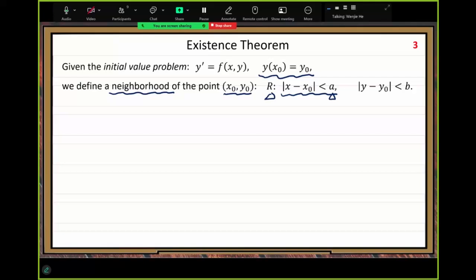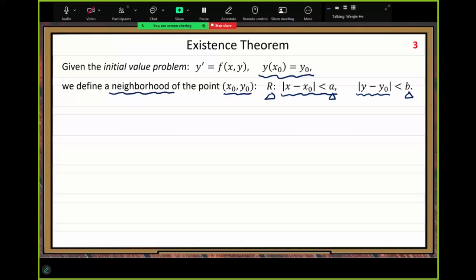A must be a positive constant. And for y around y0, you also consider the positive and negative side. The distance between y and y0 must be less than another positive constant b. That's the neighborhood. Okay?